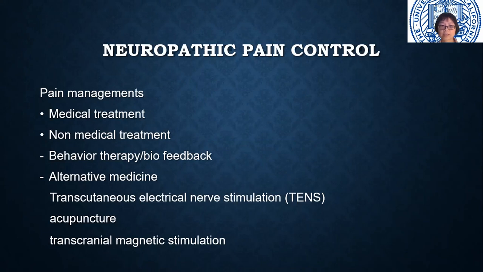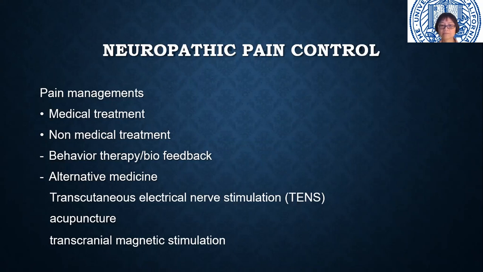Nowadays, California also approves alternative medicine to help neuropathic pain control. So we do have patients at a pain clinic who can receive a transcutaneous electric nerve stimulation, or TENS unit, to help reduce the pain. Certain patients may try acupuncture.